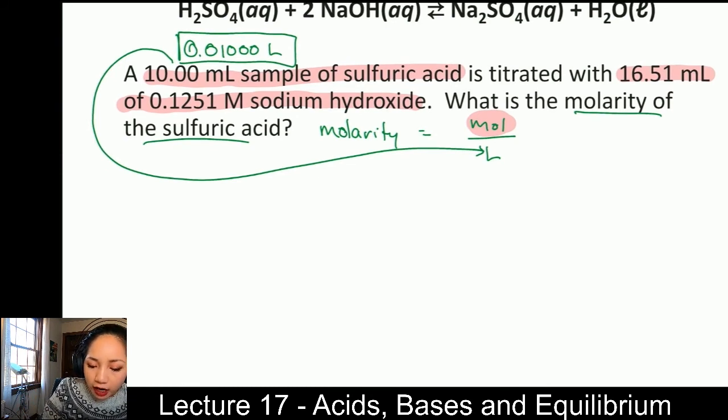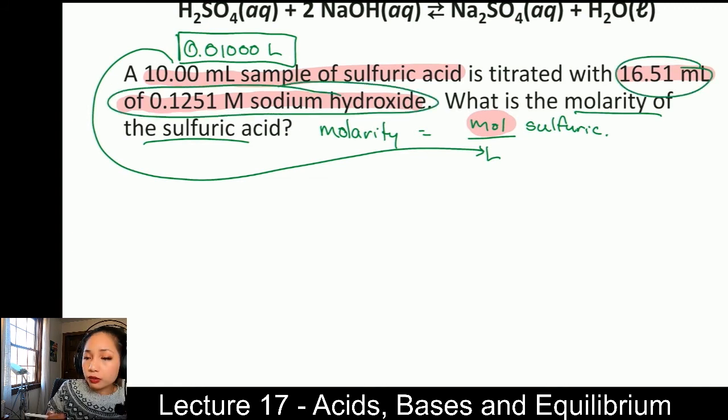So we need to figure out moles of sulfuric acid, and to do that, we want to start with the thing that we're titrating with, in this case sodium hydroxide, because that's our known value. I'm going to start with the volume, because you never start with molarity. You always start with moles or liters or volume.